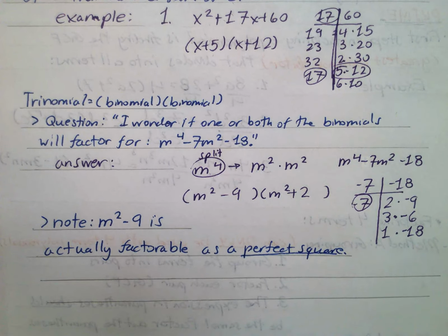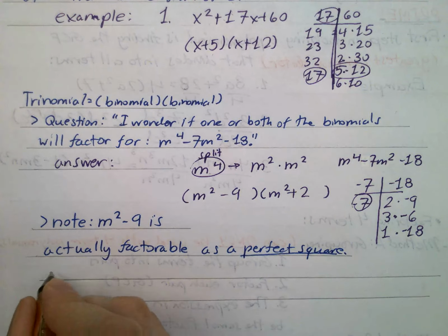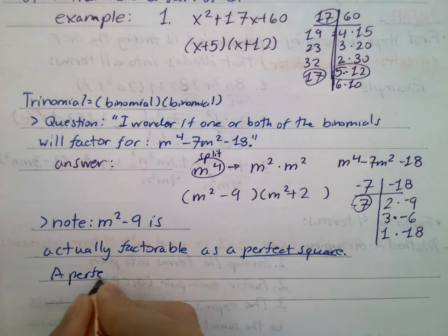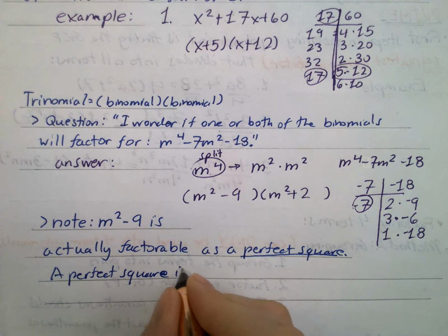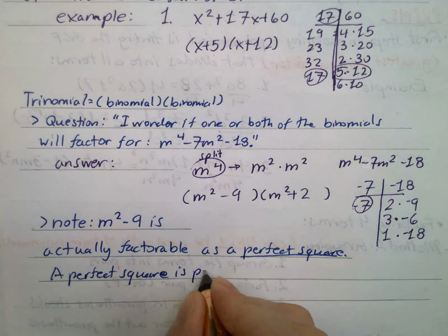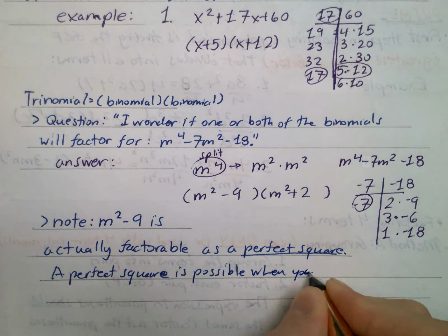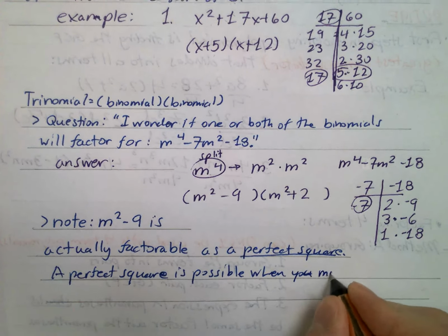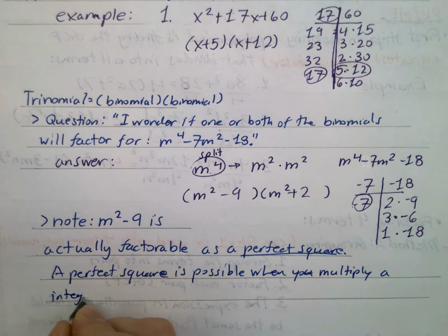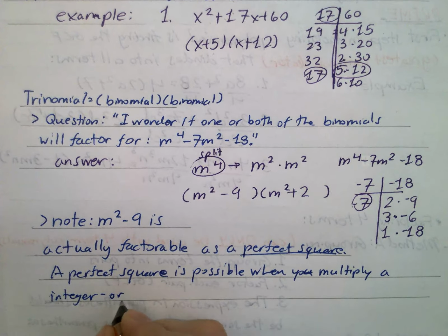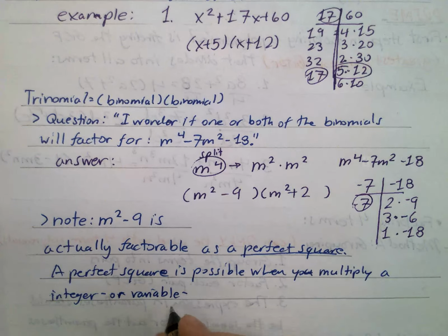Now, when you hear perfect square, this is what you should think of. A perfect square is possible when you multiply an integer or variable times itself.